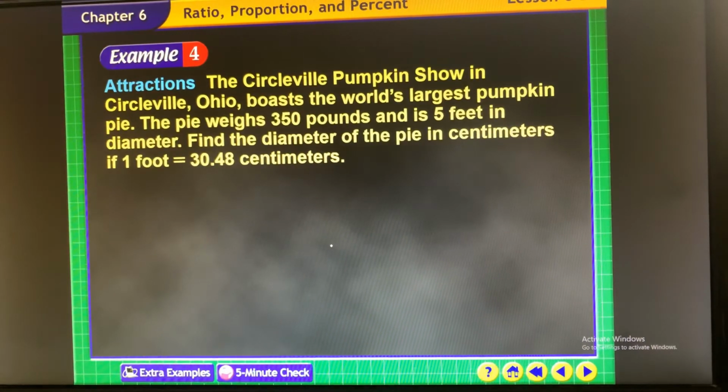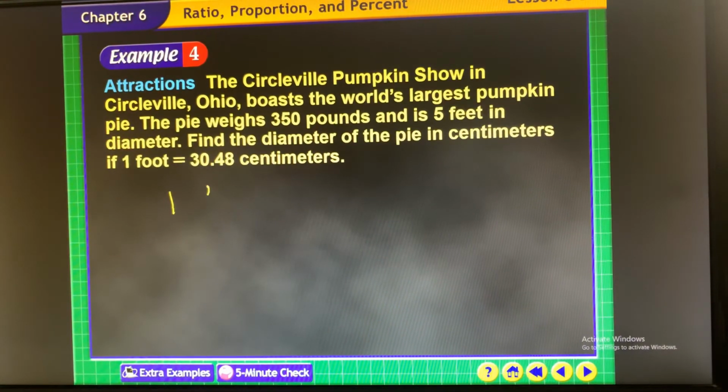Circleville Pumpkin Show in Circleville, Ohio boasts the world's largest pumpkin pie. The pie weighs 350 pounds and is 5 feet in diameter. Find the diameter of the pie in centimeters if every 1 foot equals 30 and 4800ths of a centimeter. Well, just looking at this, you know you're just going to multiply 5 times 30 and 4800ths.